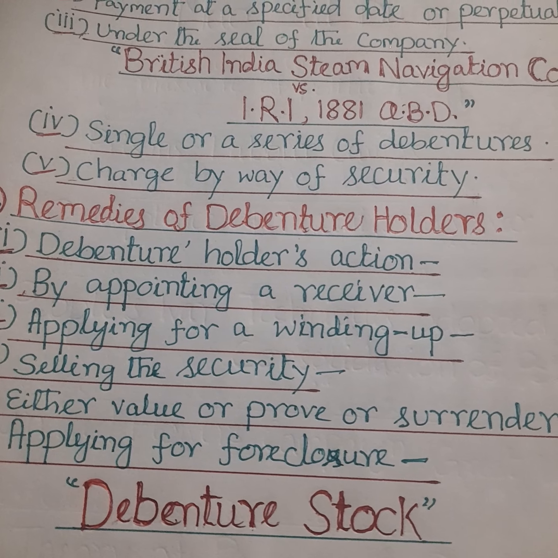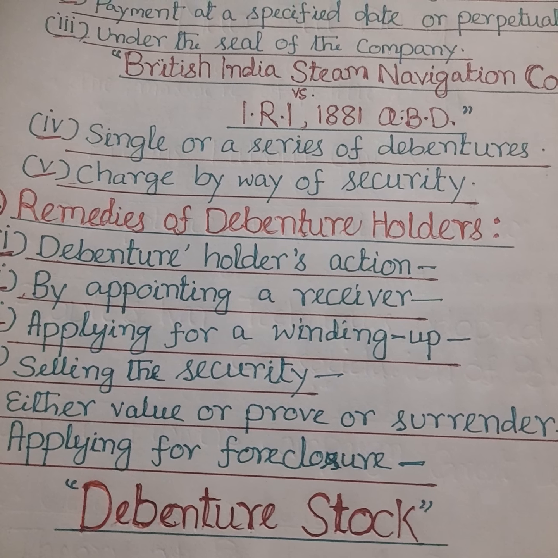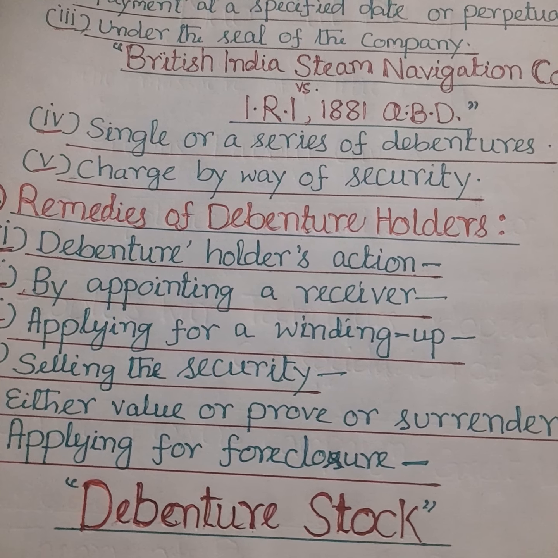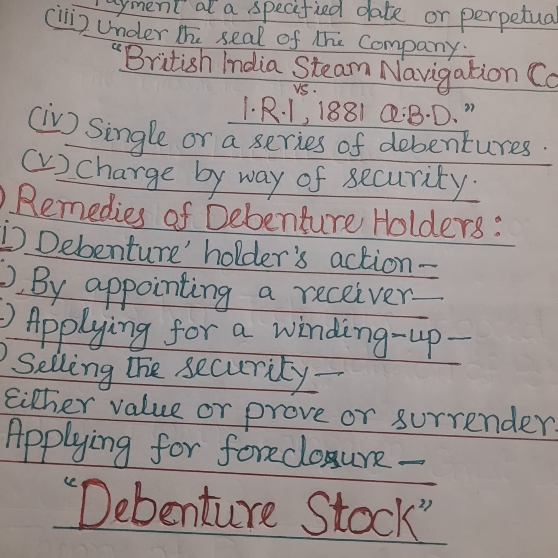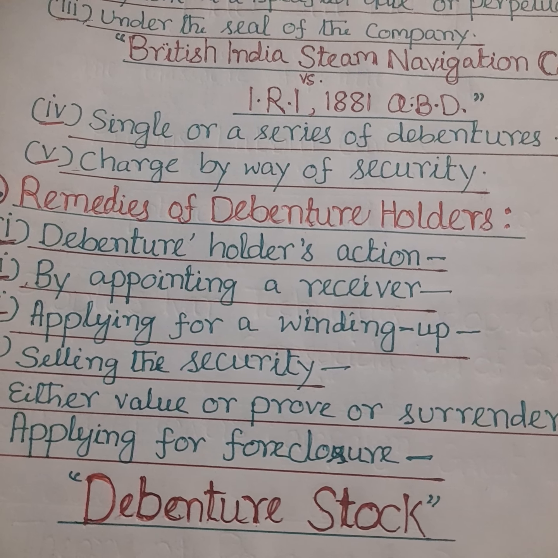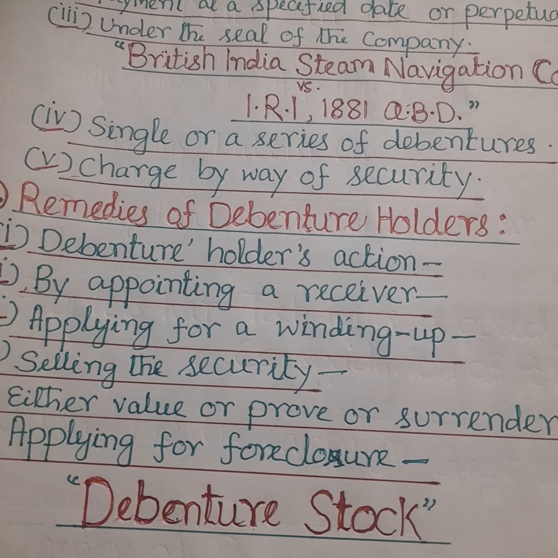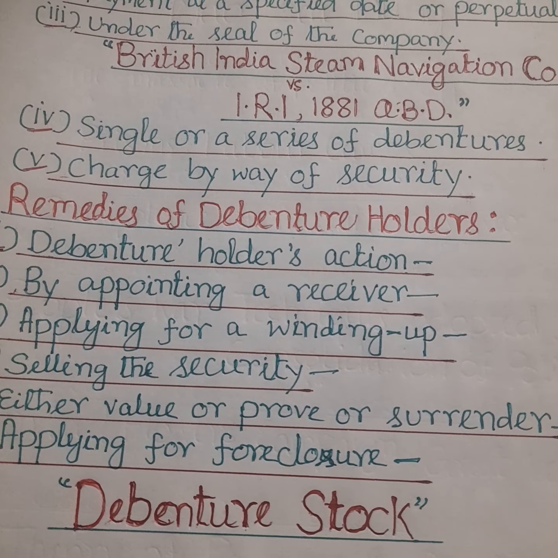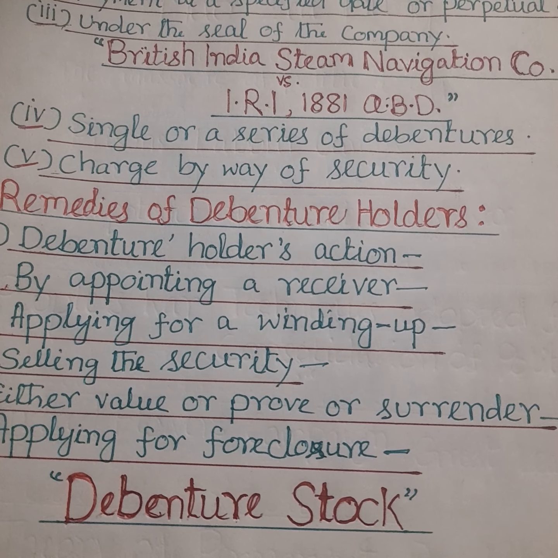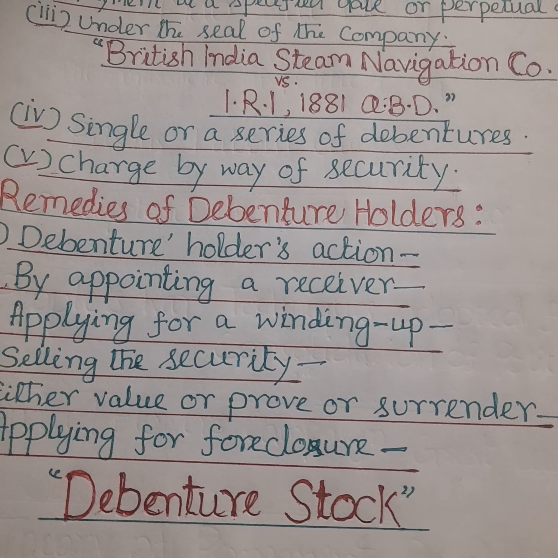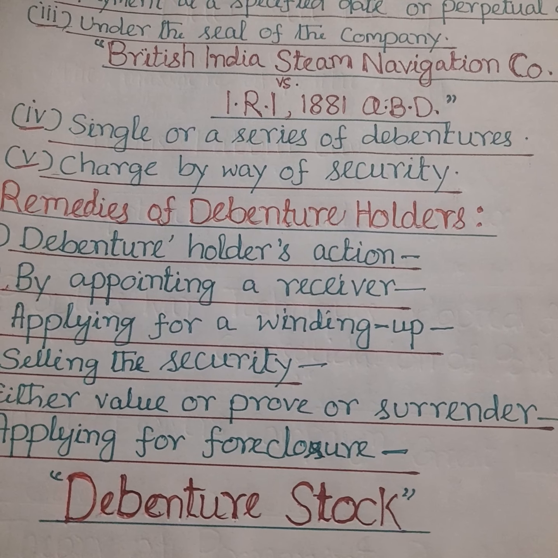In the case of a debenture, there is a debt due from the company secured or evidenced by a document called a debenture. But in the case of debenture stock, there is a debt due from the company called debenture stock and secured or evidenced by a document called a debenture stock certificate.